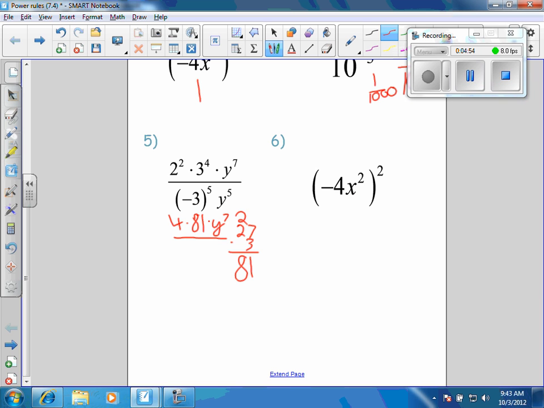Over negative 3 to the 5th times 81. Since it's an odd power, it's still going to be negative. Right, you guys hear that? Since it's an odd power, it's still going to be negative.